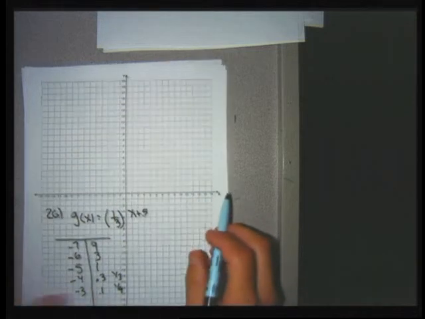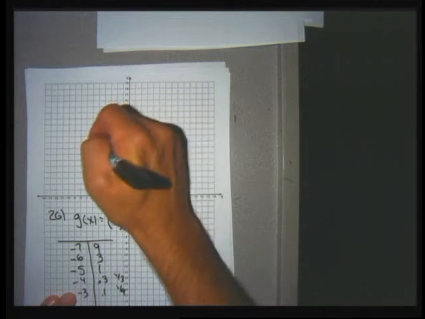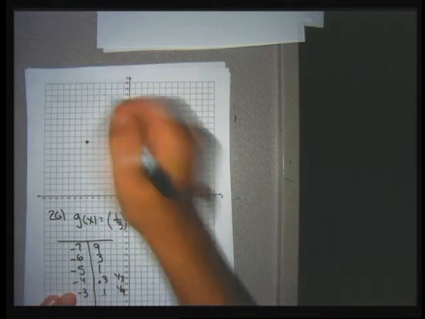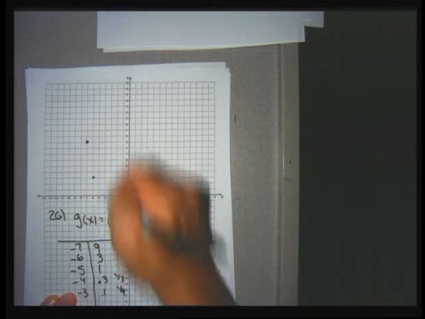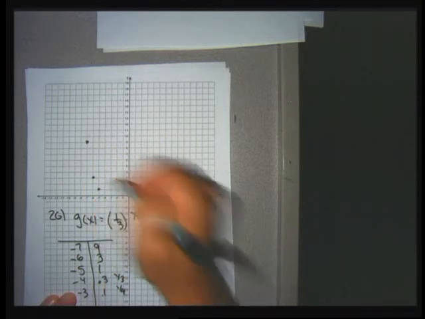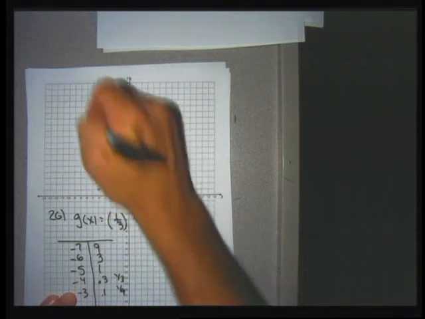Plot the points now. First point's -7, 9, and then -6, 3, -5, 1, -4, 0.3, -3, 0.1.